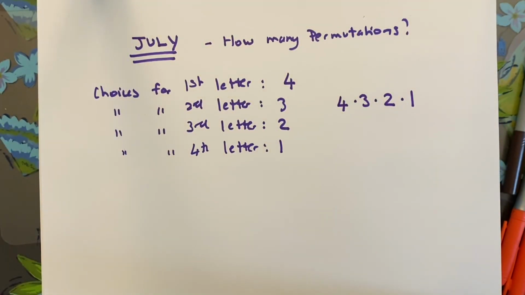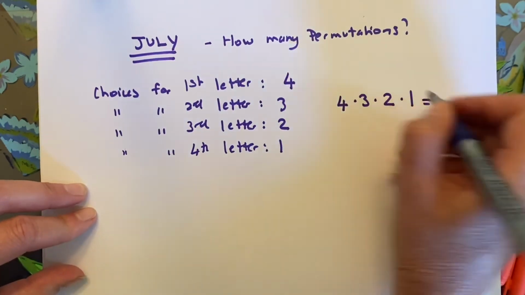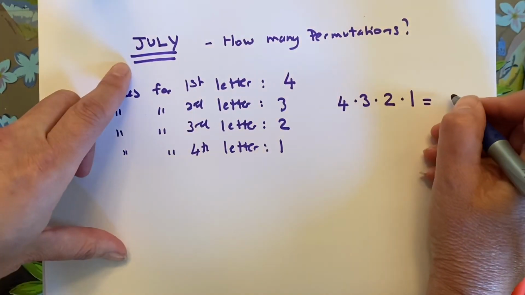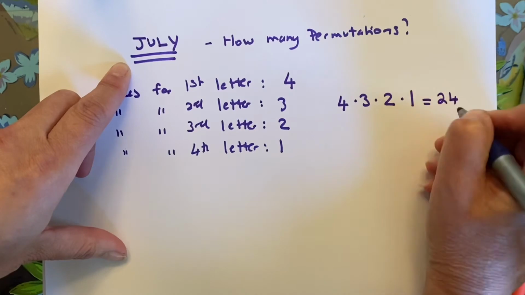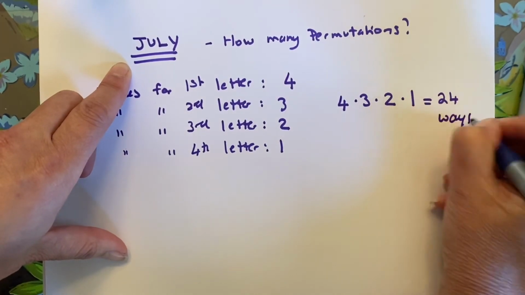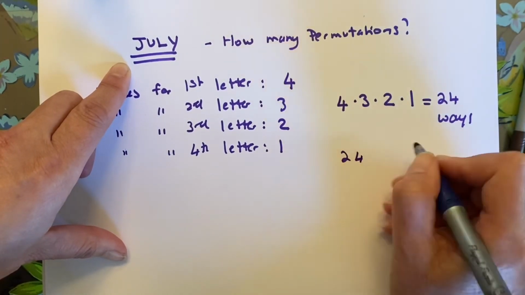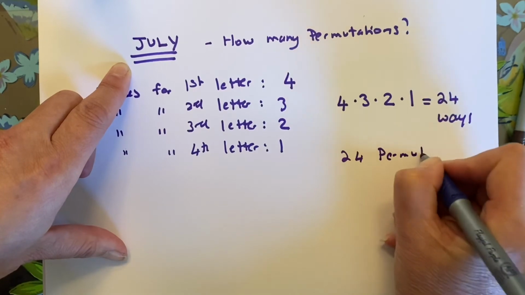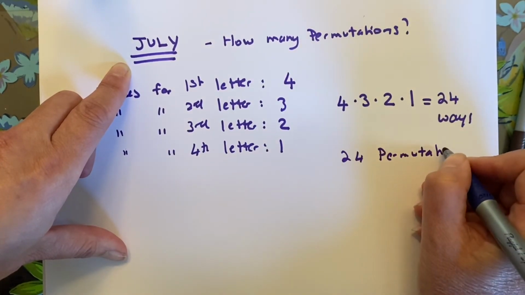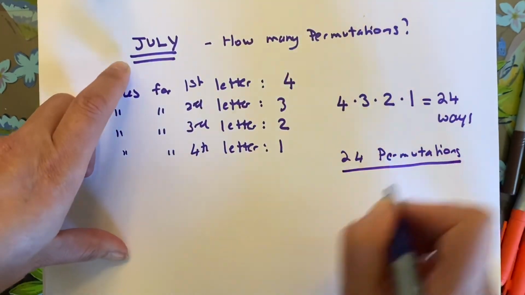And that tells me that I can arrange the letters in the word July 24 ways, or 24 permutations. Okay?